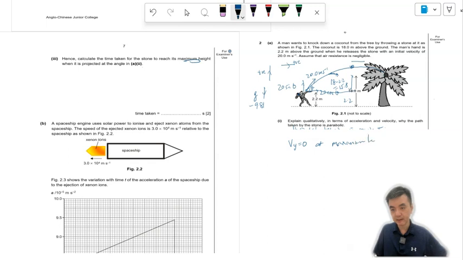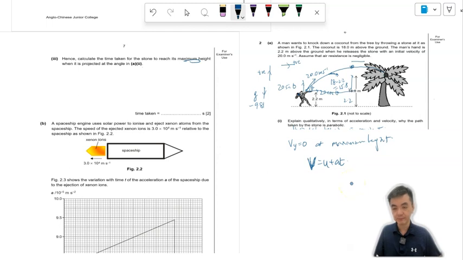I need to find out my time, so now I'm going to use an equation that involves time. I'm going to use v equals u plus at.